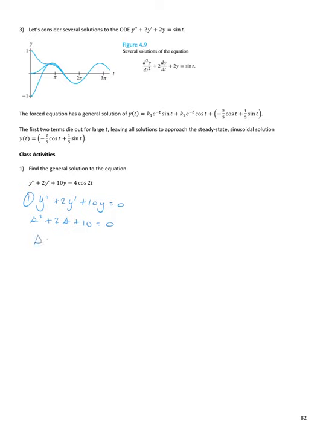So s is going to be negative b plus or minus the square root of b squared minus 4 times a times c all over 2a. And that comes out to be negative 2 plus or minus 4 minus 40 is negative 36, so that's 6i over 2, which is negative 1 plus or minus 3i.